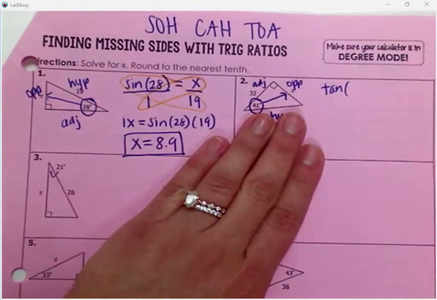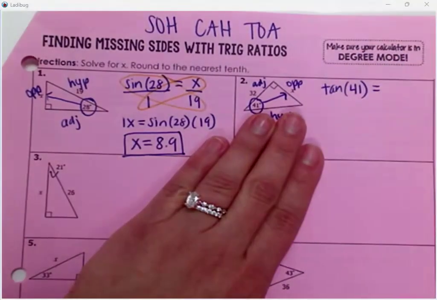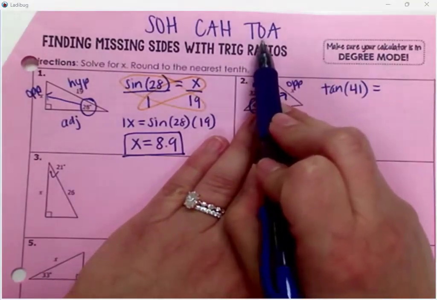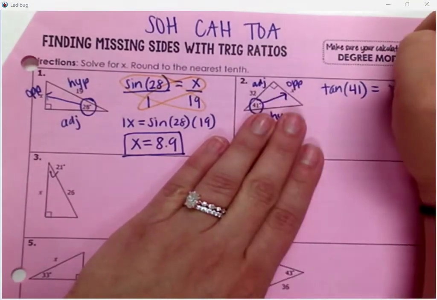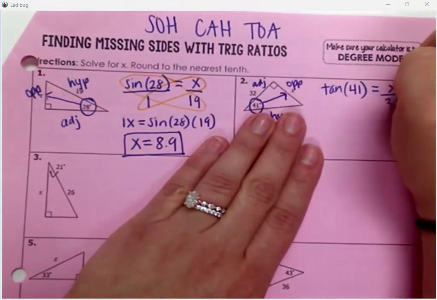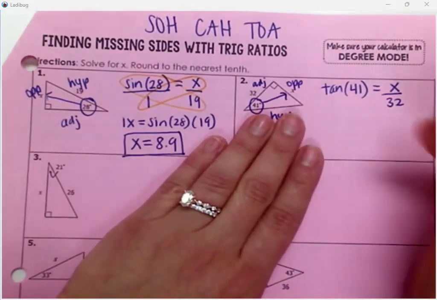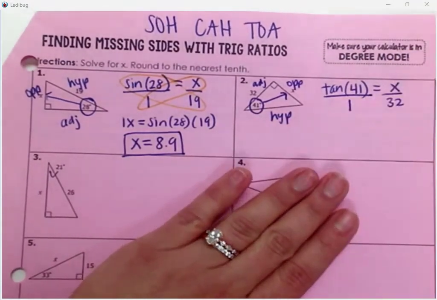And then what's my angle measure? 41 equals, now if it's TOA, which one has to go first? Opposite over adjacent. So I'm going to set it up as x over 32. And now, to make this the proportion, I need to put this over 1.